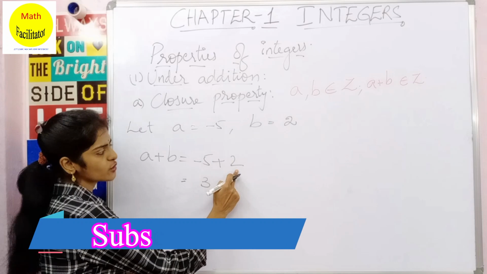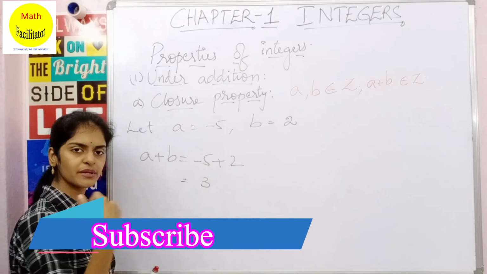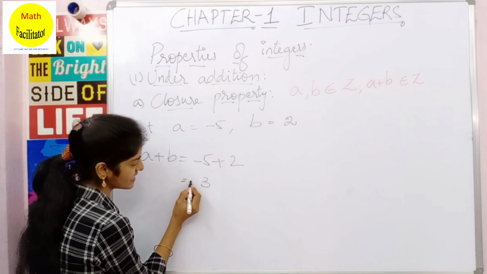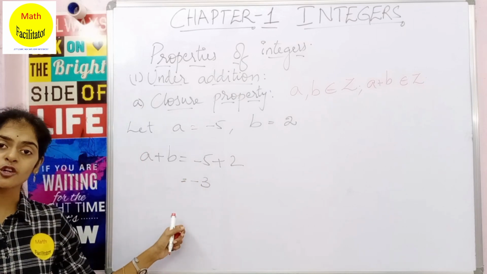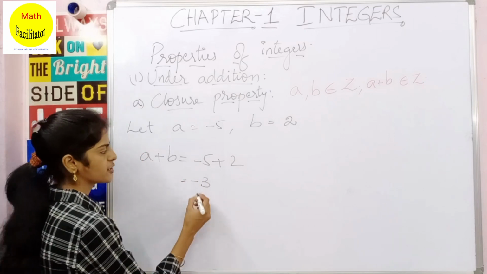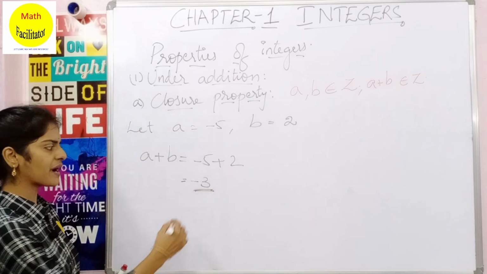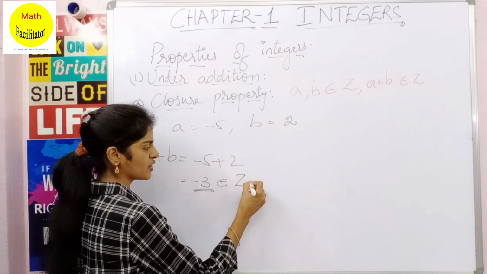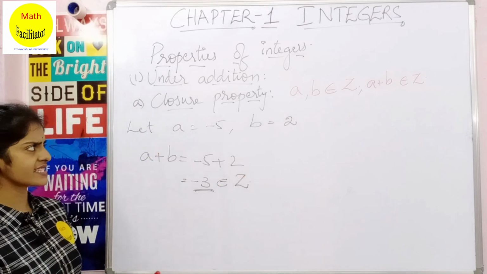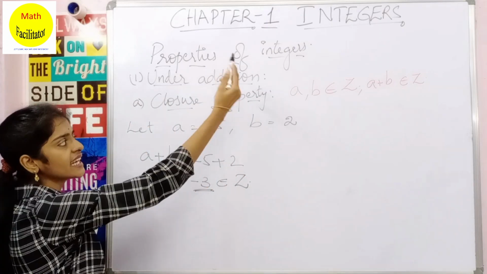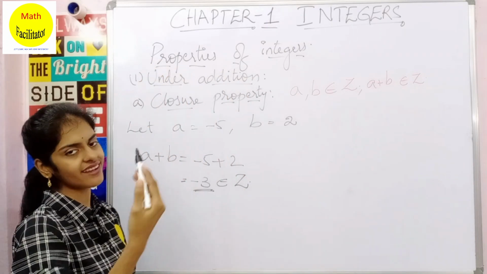In these two numbers, 5 is the bigger number. Which sign does 5 have? 5 has a negative sign, so the answer also has a negative sign. So minus 5 plus 2 is nothing but minus 3. Now minus 3 belongs to integers. Do you agree? Yes, so we can say that this condition is satisfied and integers are closed under addition.